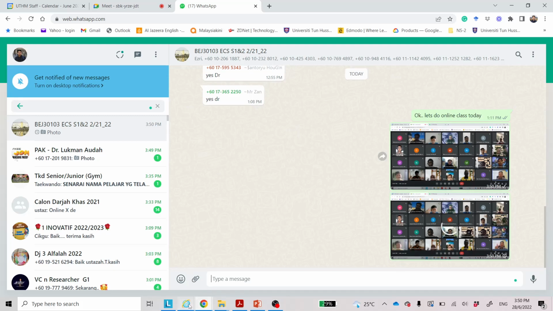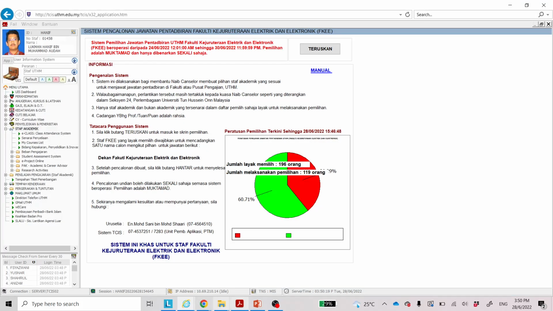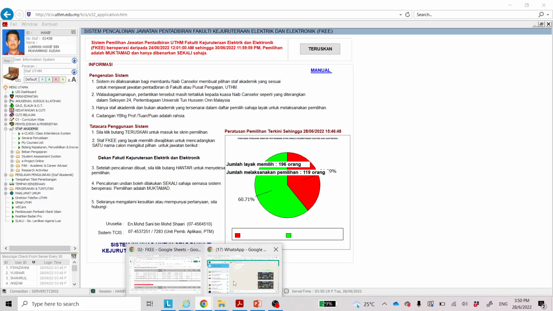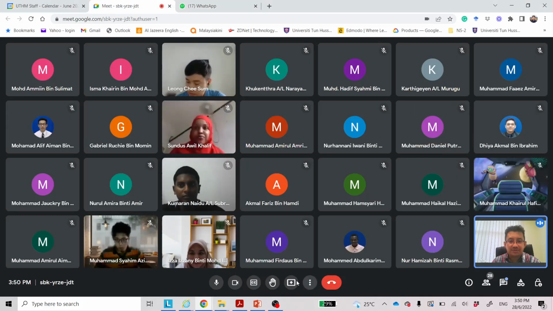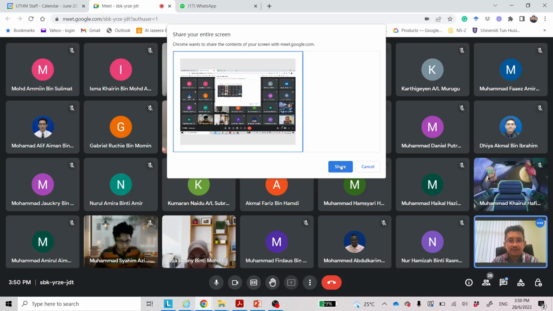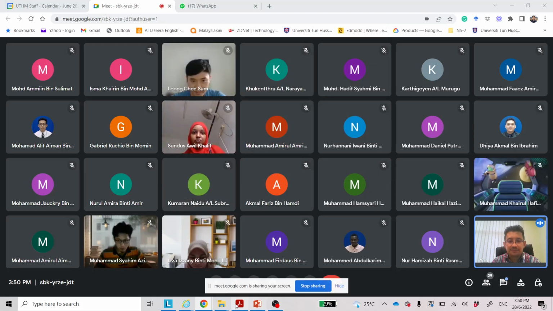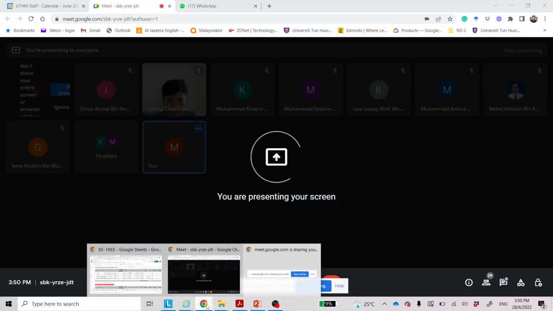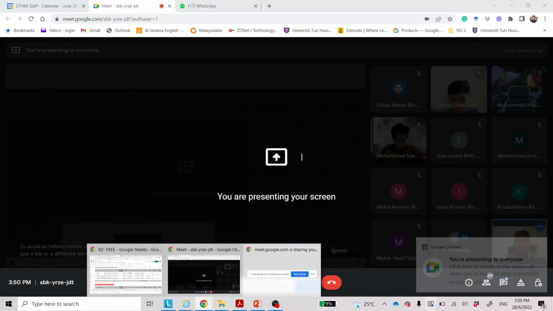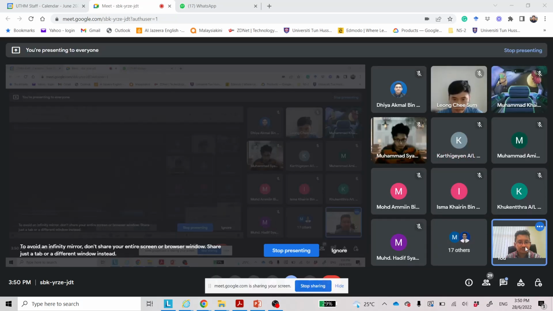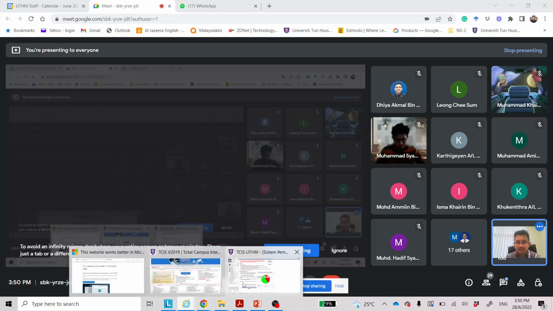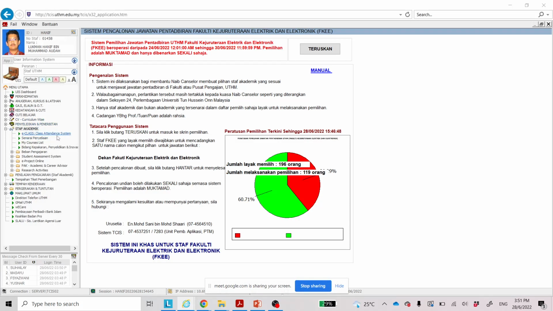Okay, so we can take the attendance now. Wait, I will share the screen again, so you can open your QR code scanner and take the attendance. Okay, so I open the QR code scanner.